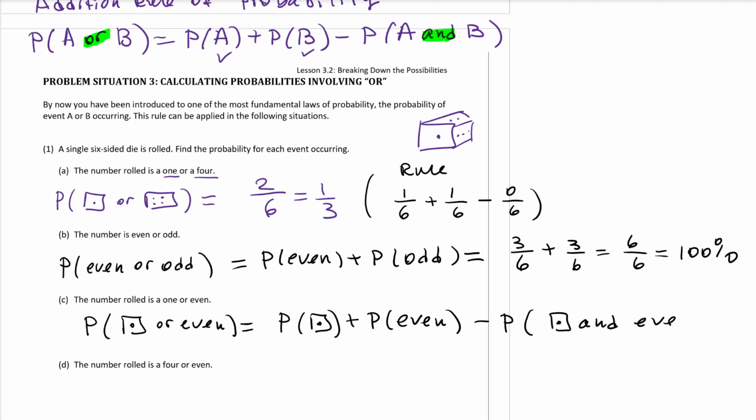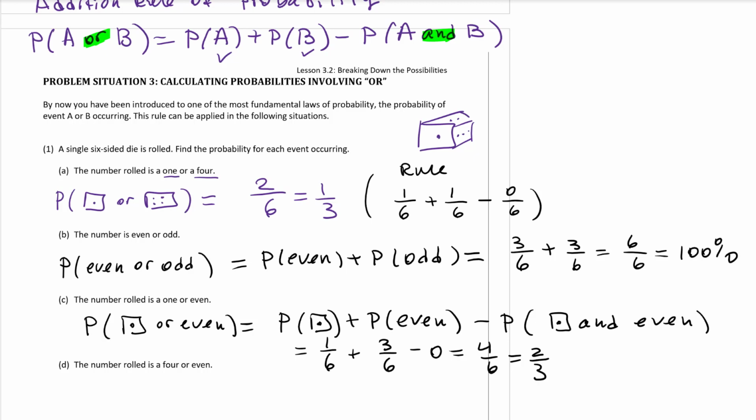Probability that it is 1 is 1 out of 6. Probability that it's even is 3 out of 6. Is it possible for an outcome to be both a 1 and an even number? No, because 1 is not even. So minus 0. So there are 4 out of 6 chances, which is 2/3.